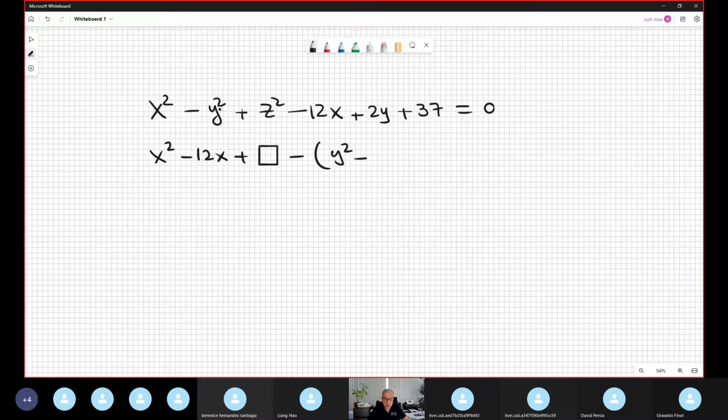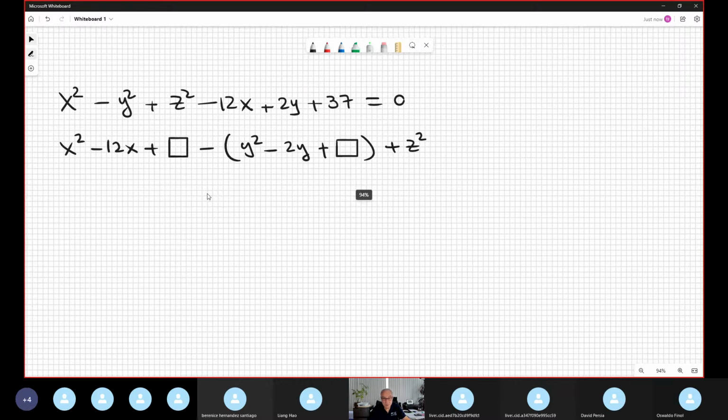Then minus 2y, actually in the original we have plus, but I put it together with this negative, so double negative becomes positive, plus another box. And z squared not necessarily complete square, because we have no linear term. Then equals negative 37 plus 2 boxes.